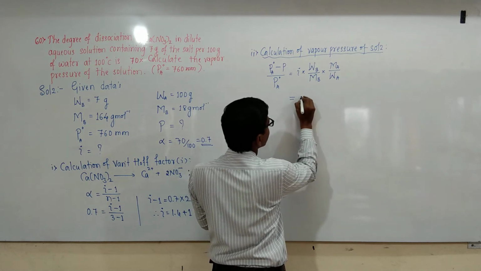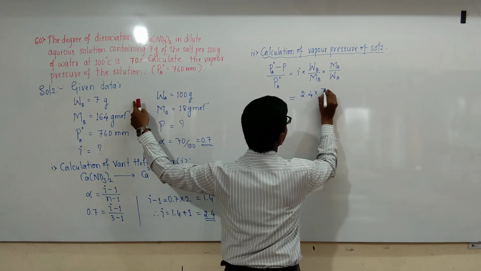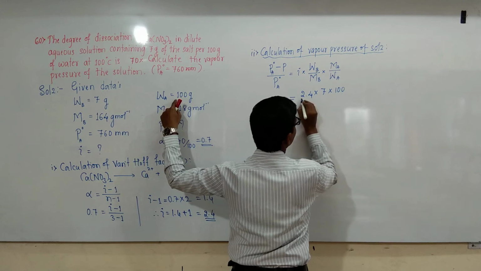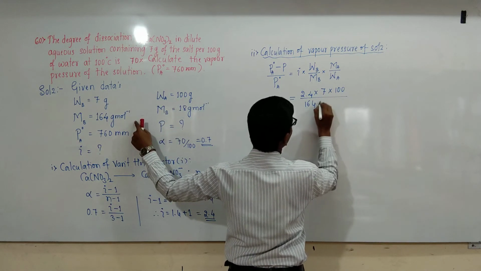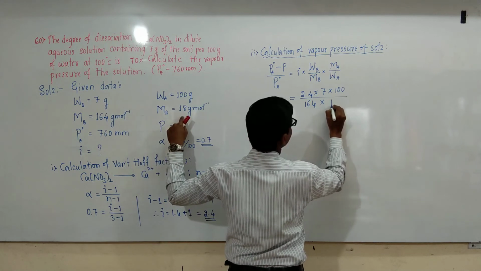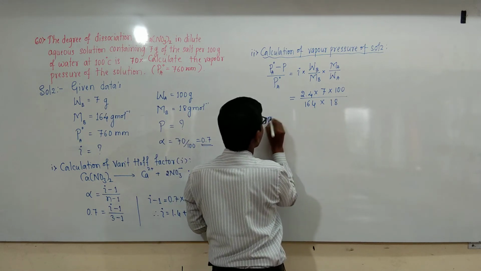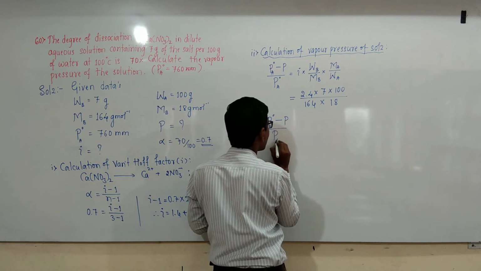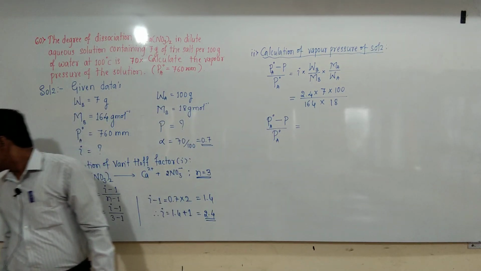Substitute i equal to 2.4, Wb is 7, Mb is 164, Ma is 80, and this value becomes (Pa0 minus P) by Pa0.